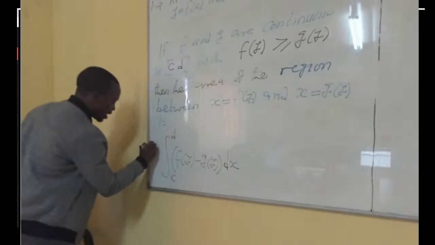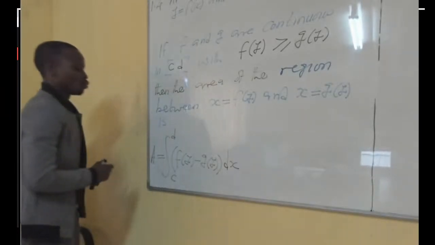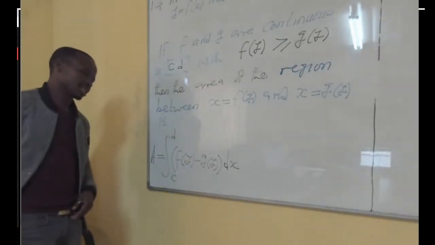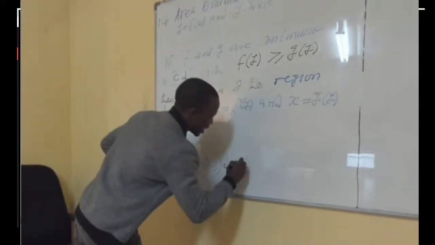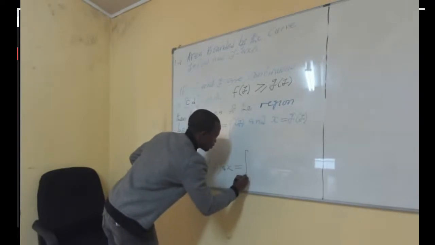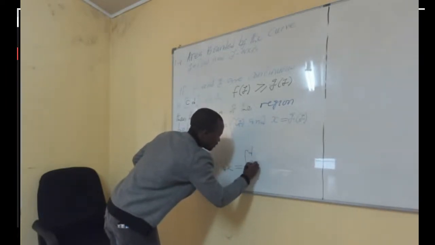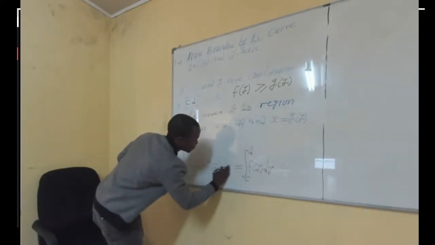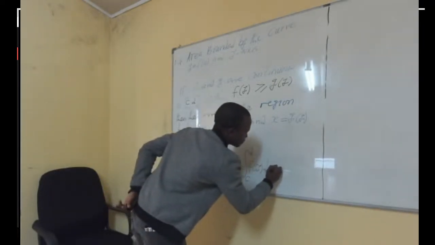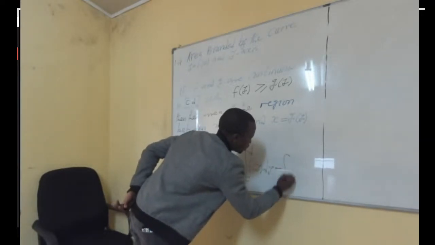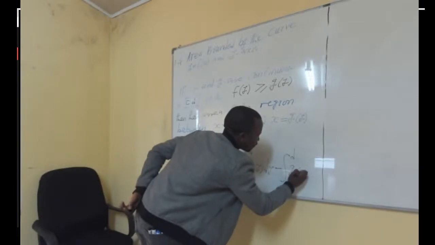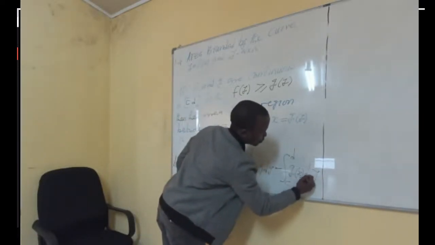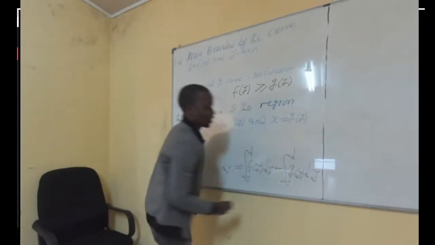So the area of that region will be the integral from c to d of f of y minus g of y, which by linearity properties is just the integral from c to d of f of y with respect to y, not with respect to x, sorry for that, minus the integral from c to d of g of y with respect to y.